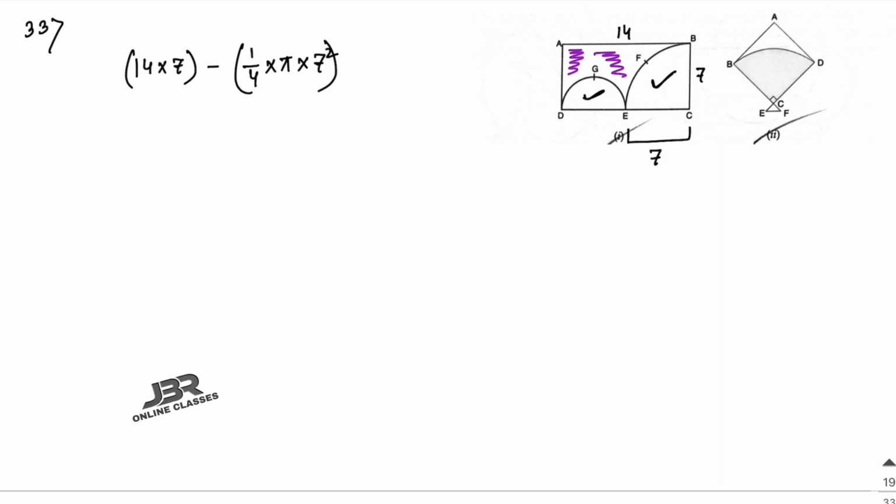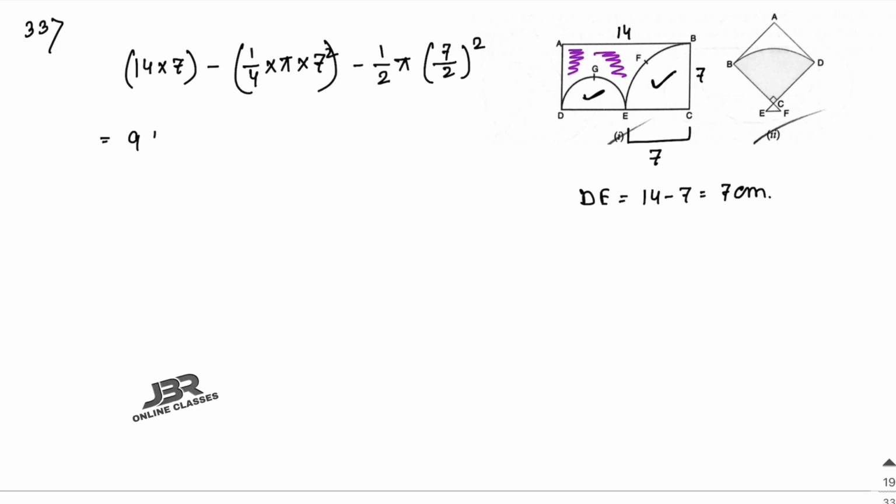And as EC equals 7 centimeter, then DE equals 14 minus 7, that equals 7 centimeter. So DE is the diameter, that means the radius of that semicircle equals 7 by 2. So the formula for a semicircle: half pi, and then 7 by 2 whole square.